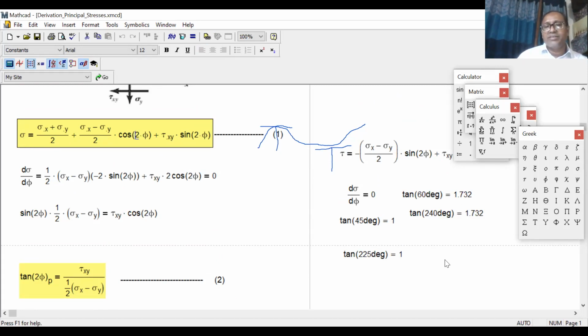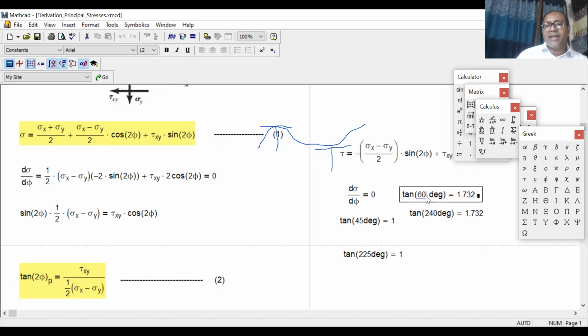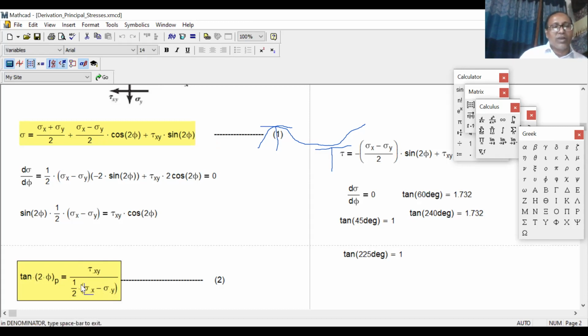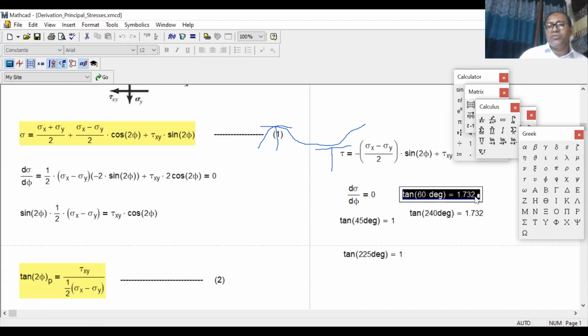Here I show you, say tan 60 degree. After this formula, you get 1.73 on the right hand side, which equals tan 60. So 2 phi equal to 60 degrees.